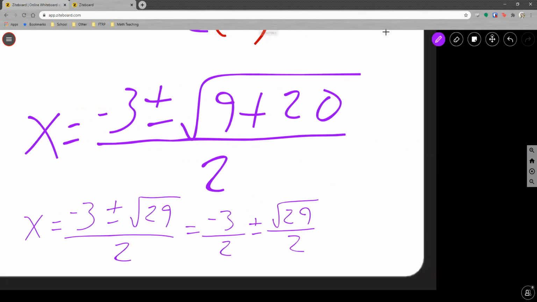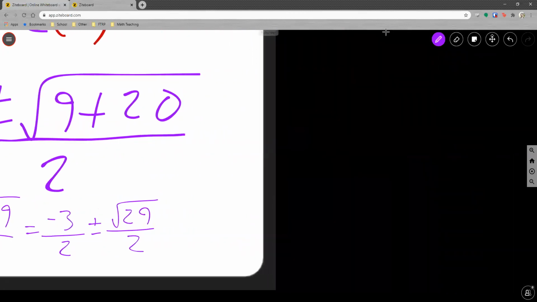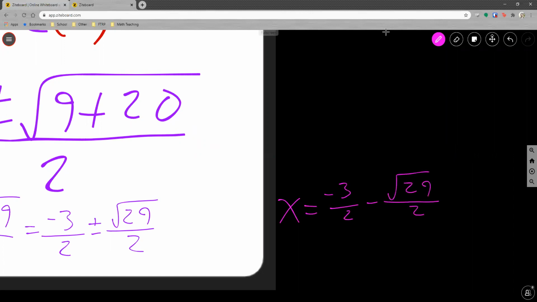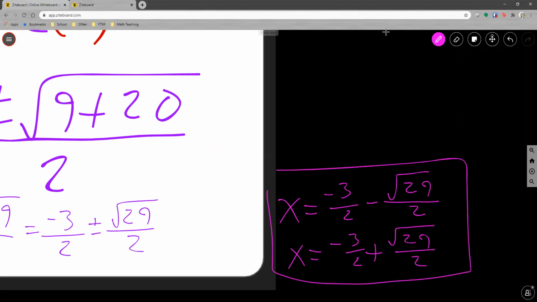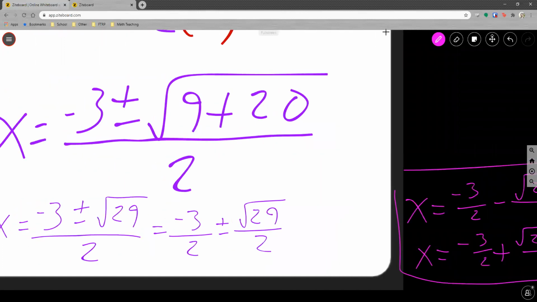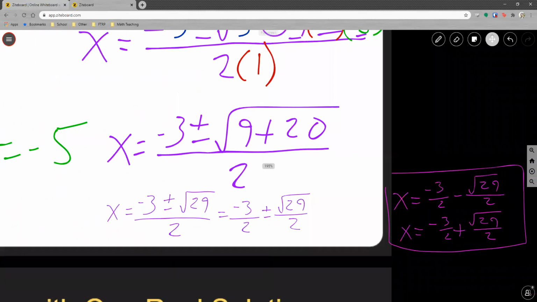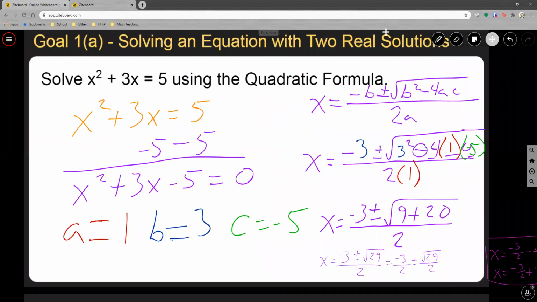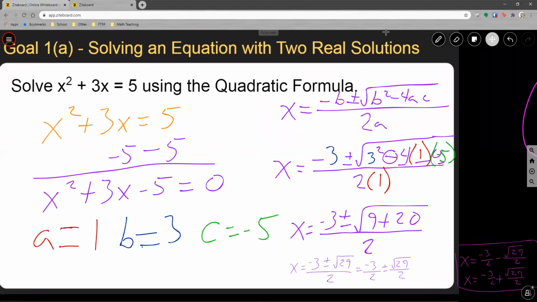Or if I wanted to write it twice, I could say x is equal to -3/2 minus the square root of 29 over 2, and x is also equal to -3/2 plus the square root of 29 over 2. 2 solutions, both real. So those would be my 2 x-intercepts.